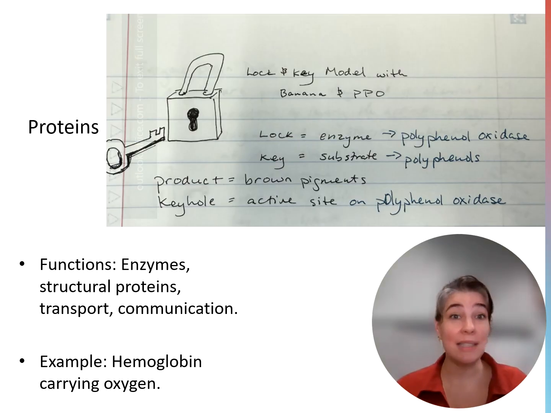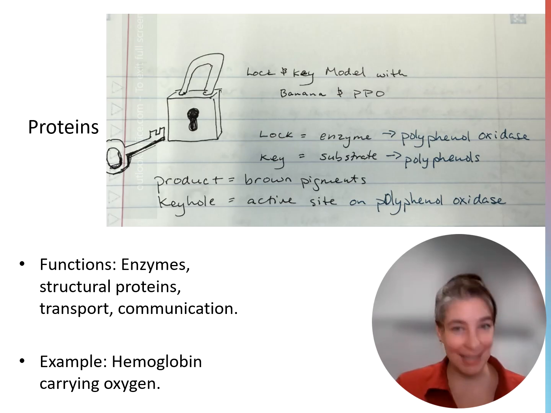Proteins. We've talked a lot about proteins, and we've talked about them in the form of cell organelles, like ribosomes that are going to be producing proteins. And we talked about ribosomes a whole lot because proteins do almost everything in the cell.